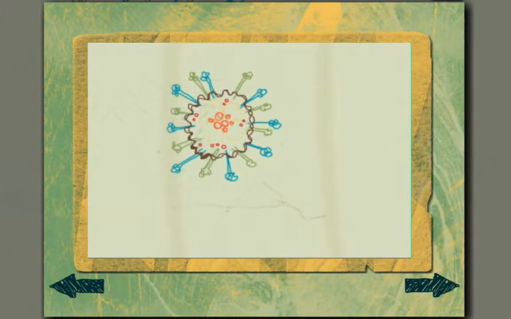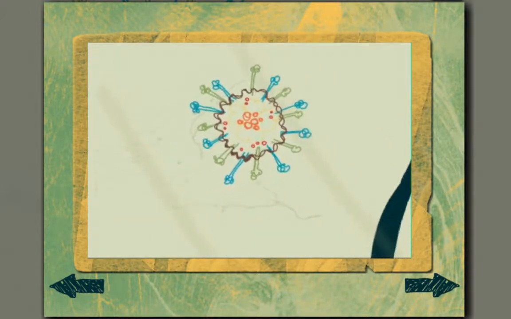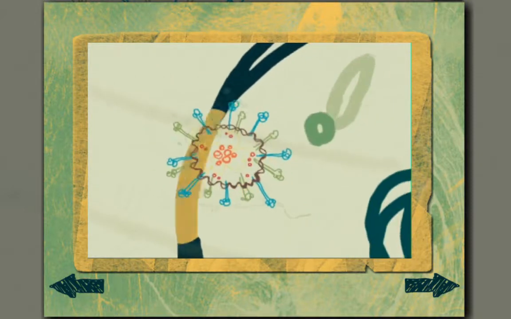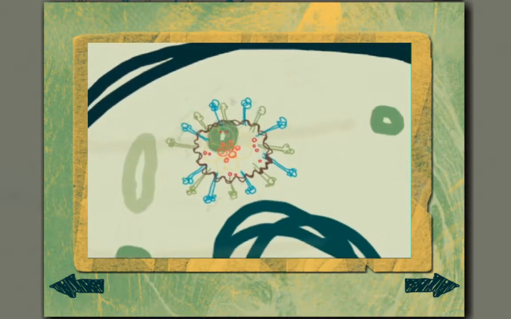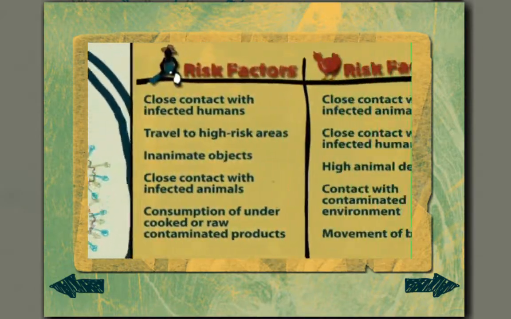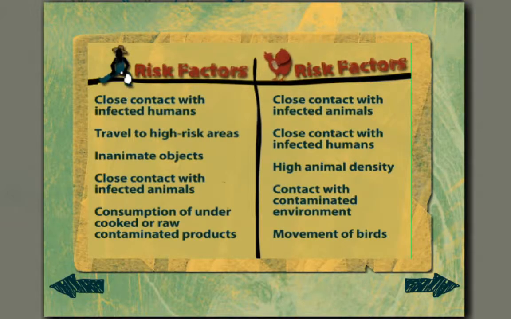Throughout history, animal and human populations have been impacted by viruses. Jumping from animal to animal, species to species, viruses thrive on contact between organisms. To help prevent viruses from being introduced to your animal facility, you should know the risk factors associated with transmission, such as close contact with infected people or animals.